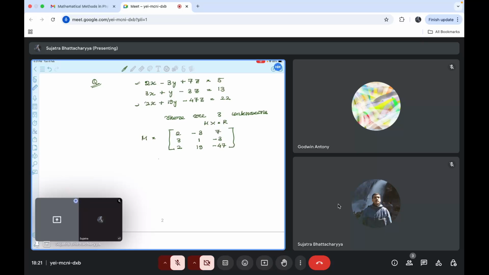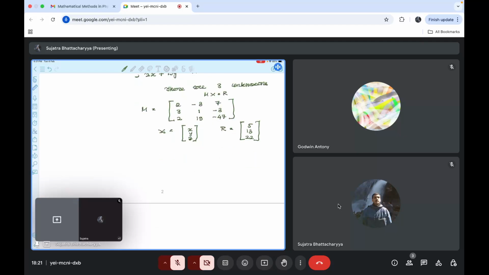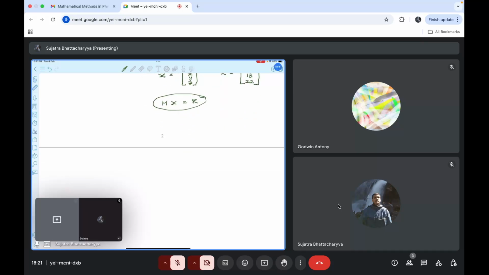And what about X? X is simply x, y, z, a 3 by 1 matrix, and R, the resultant, is 5, 13, and 22. So M into X is equal to R. This is how we can write the system of equations.